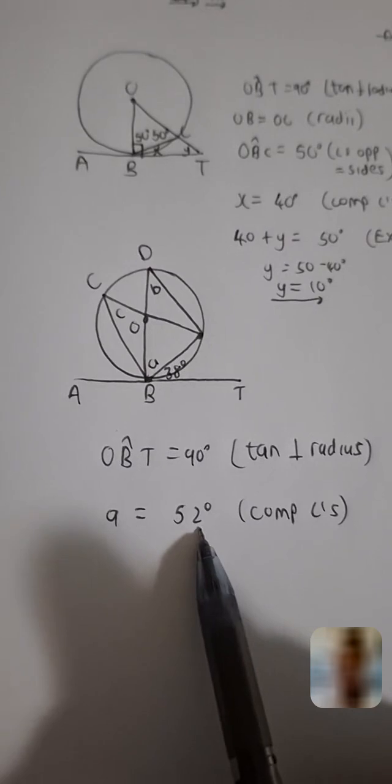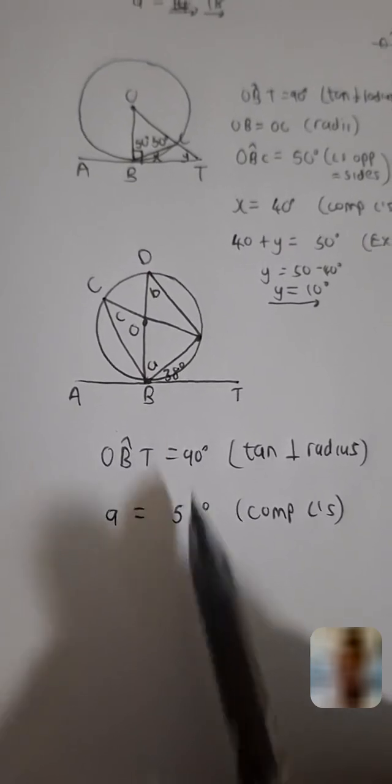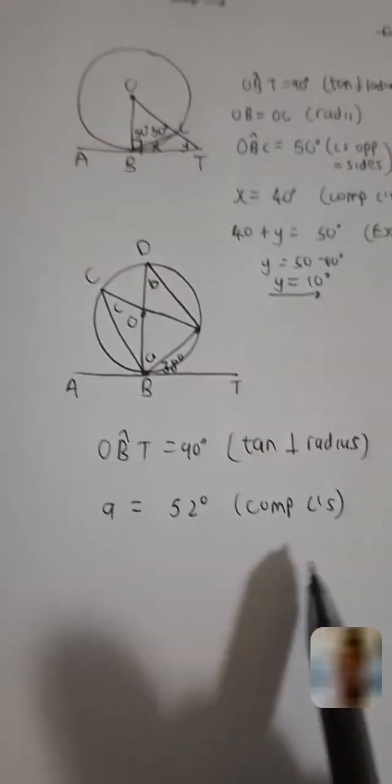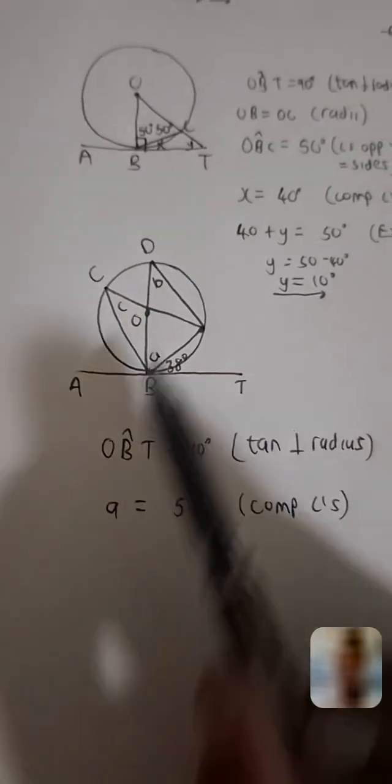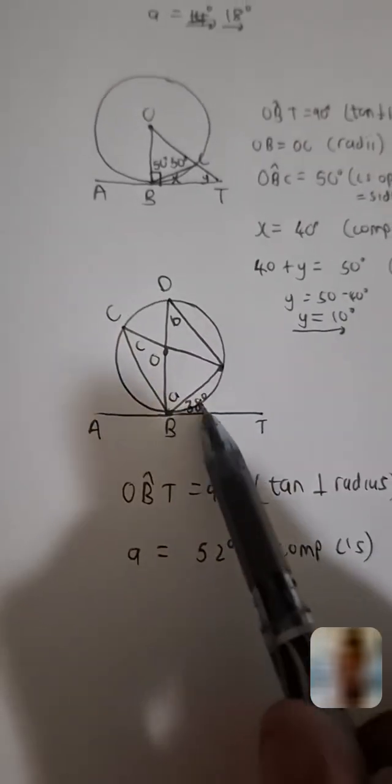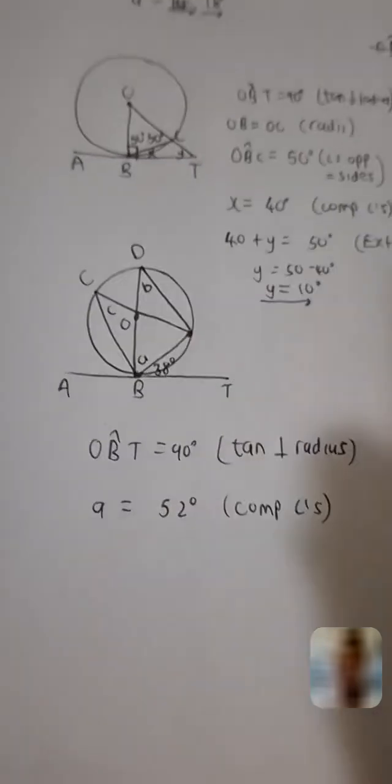Because it's 90 minus 38 degrees, which is 52. Reason, complementary angles, because remember we said OBT, this angle here, is 90. So 90 minus 38 gives you 52.